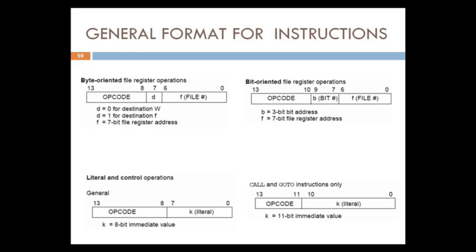In the case of literal or control operation, the instruction is slightly different from the byte oriented and bit oriented structure. We use this literal or control operation for immediate addressing mode. Here, for a general operation, the 8-bit immediate value is part of the instruction, and in the case of call and goto instructions, an 11-bit immediate value is part of the instruction. The remainder is the opcode, which is used for a specific operation.